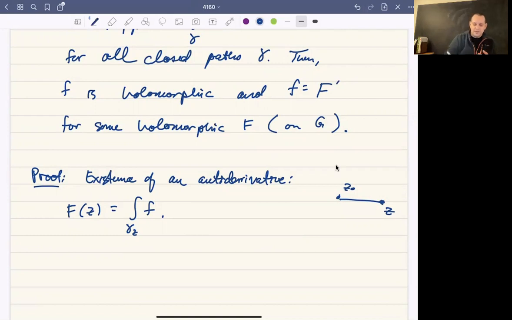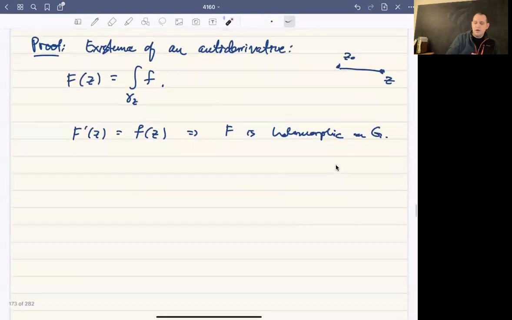So notice that if capital F prime of z equals little f, which is what an antiderivative is, that implies that capital F is holomorphic on G, since this is true for all values z in G. And if capital F is holomorphic on G, then capital F is infinitely differentiable, and therefore little f is infinitely differentiable because it is one of its derivatives, and then you can differentiate this infinitely many times.